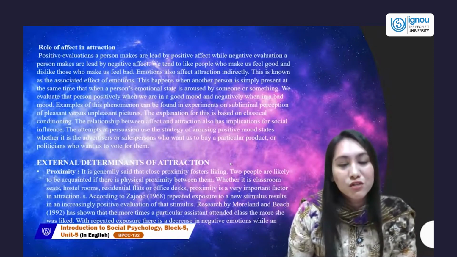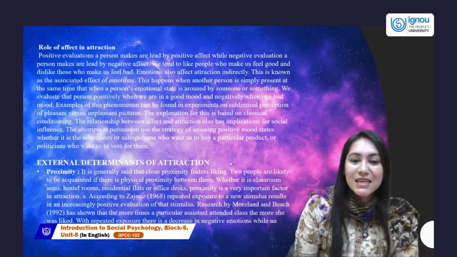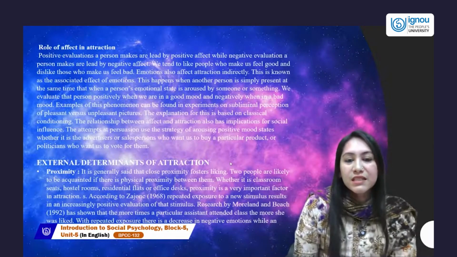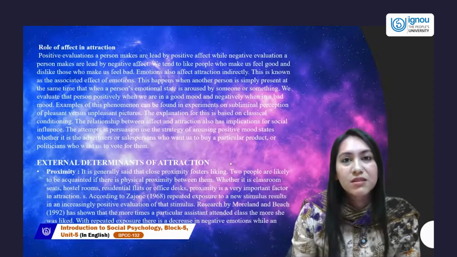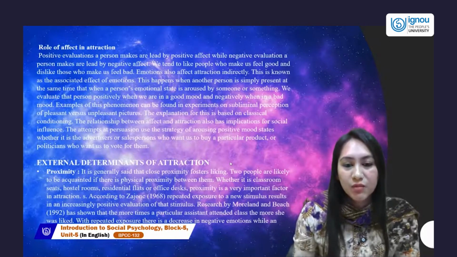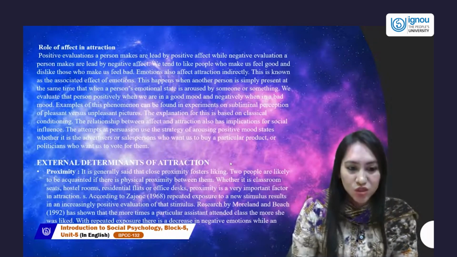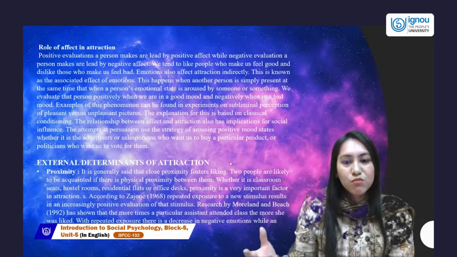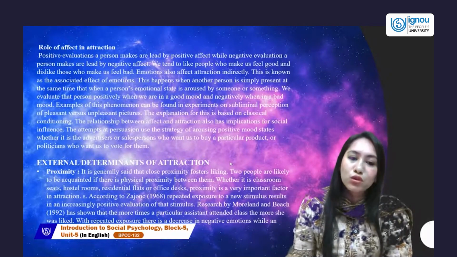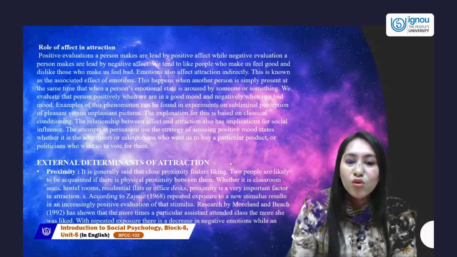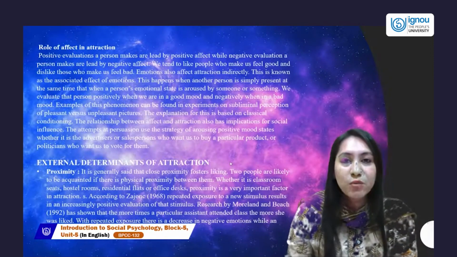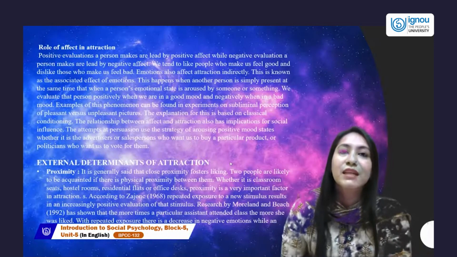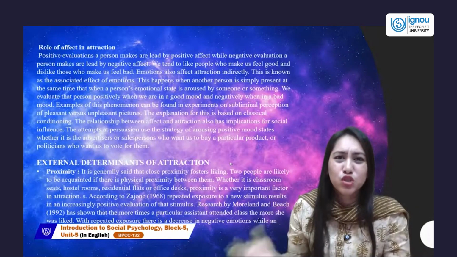According to Zajonc in 1968, who supported this view, repeated exposure to a new stimulus results in increasing positive evaluation of that stimulus. Moreland and Beach in 1992 also stated the same thing: the more we get exposed to a particular stimulus, the more is the likelihood of liking that stimulus.